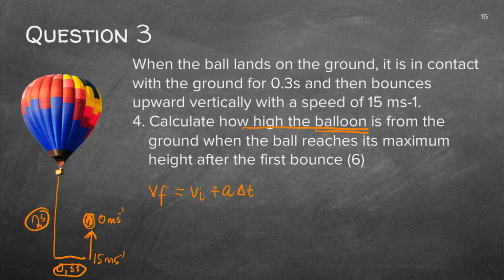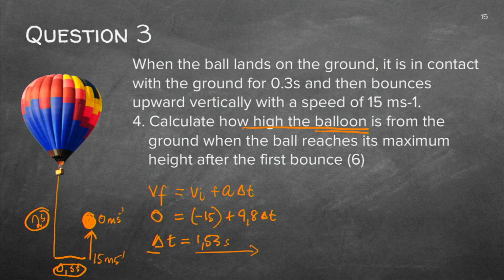I know the final velocity at the maximum height here will be 0. I know it started now with 15, and remember it's upwards, so it's minus 15 plus 9.8 delta t. And you'll now find an answer of 1.53 seconds.